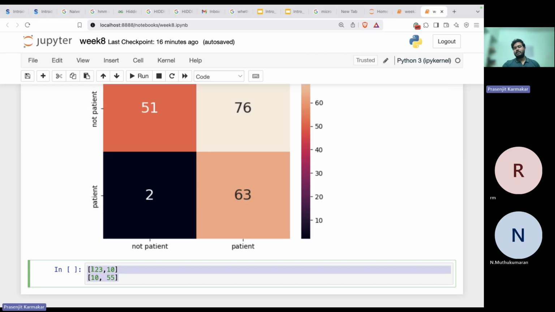Why? Because it classifies 10 people who are patients as not patients. Okay. But it correctly classifies the people who are not liver disease patients better than this model, but this is not safe. This is not a safe model.